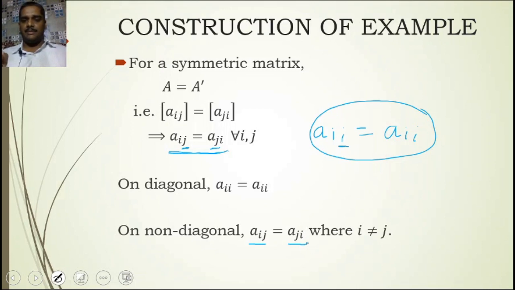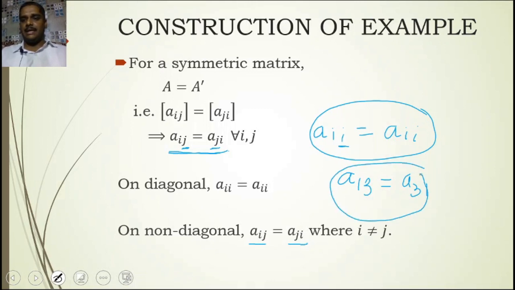If I pick one particular element, suppose I pick a13, a13 is a non-diagonal entry. So this a13 will match with a31. While constructing an example, an element present in the first row, third column will match with an element present in the third row, first column. So these two elements will be the same.